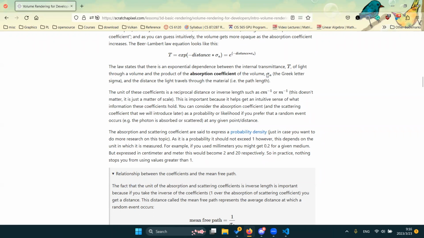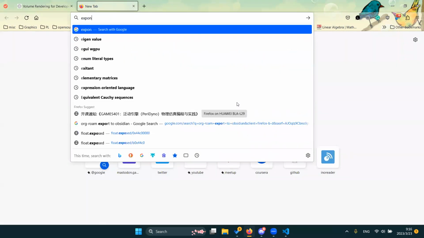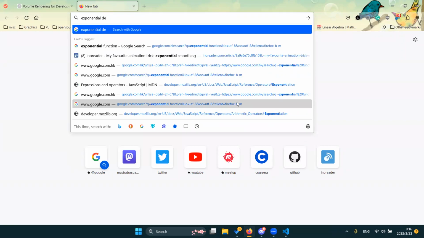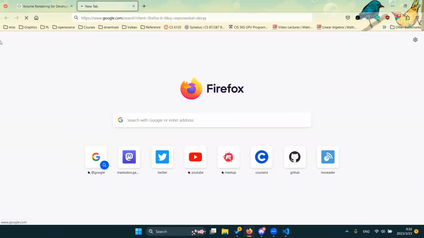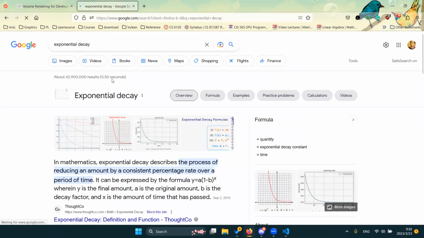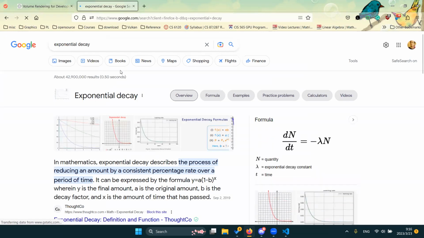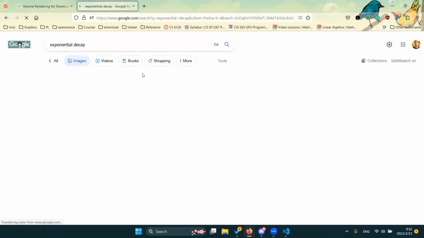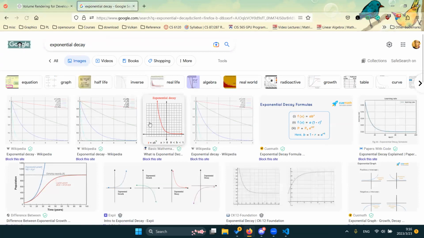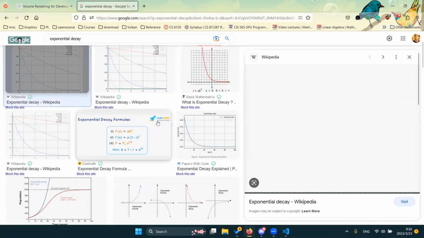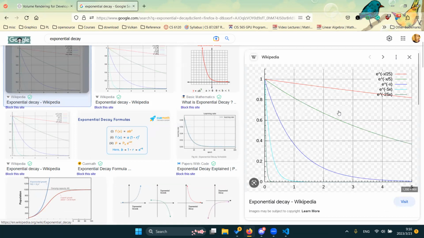They should have shown a picture of how the exponential decay works. There's a good one on Wikipedia for Beer-Lambert law. Yeah, I guess not everyone can have intuition on that. So yeah, it's something like this.